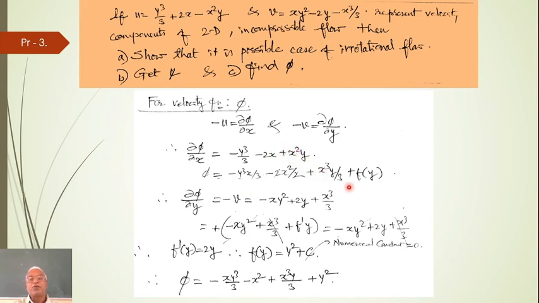plus x cube by 3 into y plus f of y, because if you differentiate with respect to x, we should get this. Now this is differentiated with respect to y, dou phi by dou y, which is nothing but minus v. Now if I differentiate this with respect to y, 3y squared and 3 cancels off, so minus it will be xy squared, this will be x squared, this will be vanishing, right?